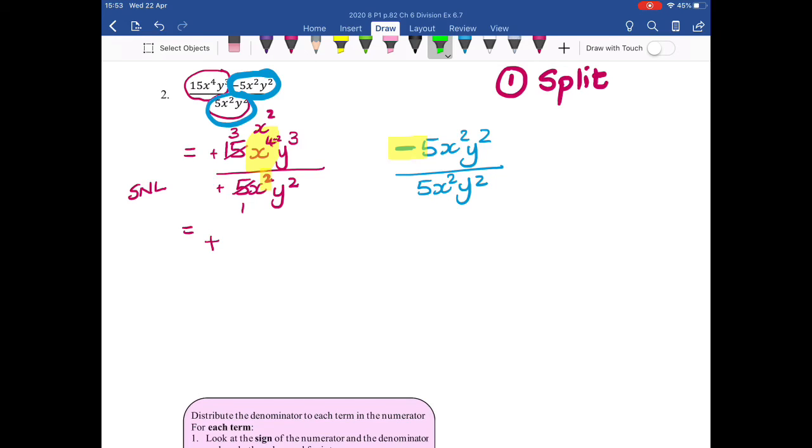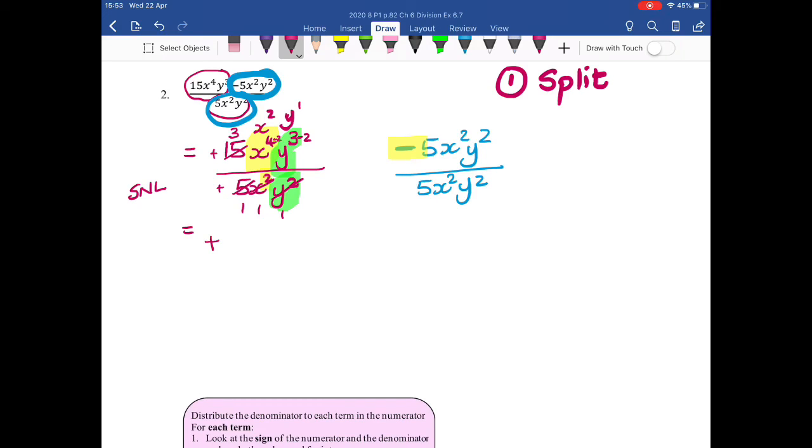Now I have a look at my y's. I've got y cubed and y squared. There are more y's at the top. So I'm going to take that 2 and I'm going to minus it there. So that cancels. Okay, I'm left with a y. When I divide powers with the same base, I write down my base and I minus exponents. 3 minus 2 is 1.